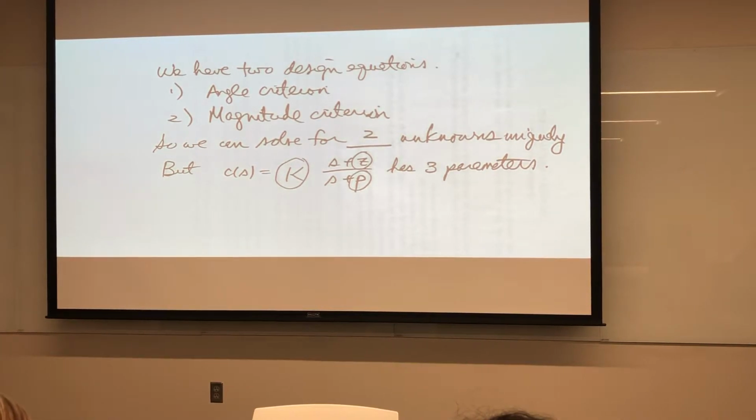Okay, so what are we going to do? Any suggestion on a way forward, a path forward? You're going to have to choose one, okay? That's one approach, is to choose one.